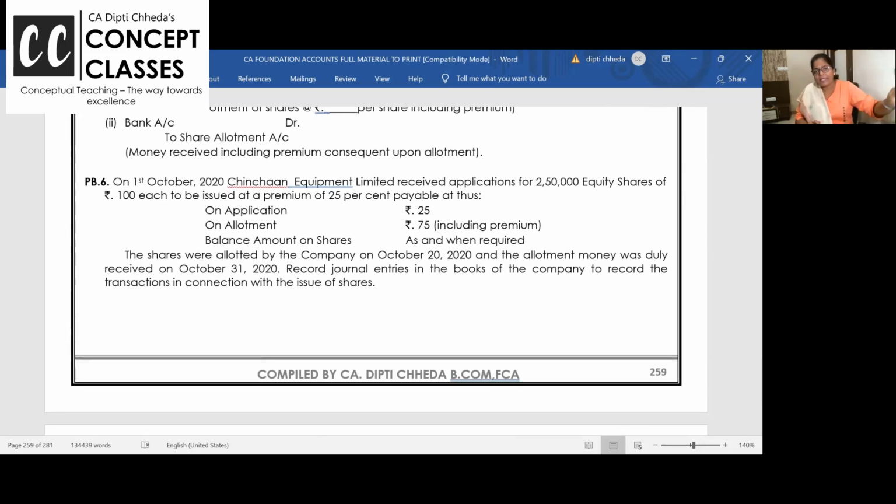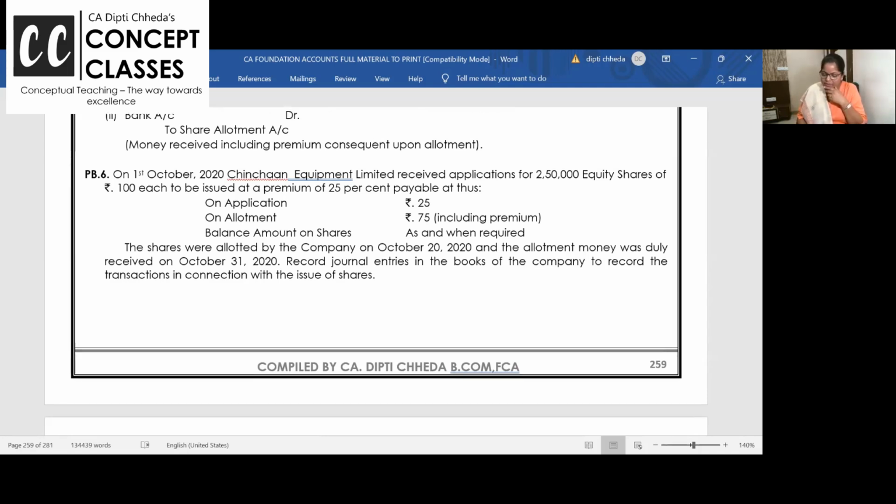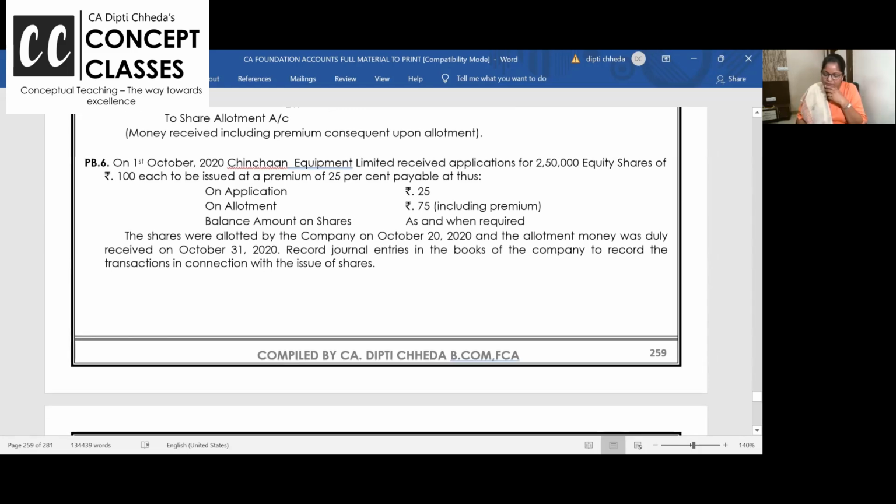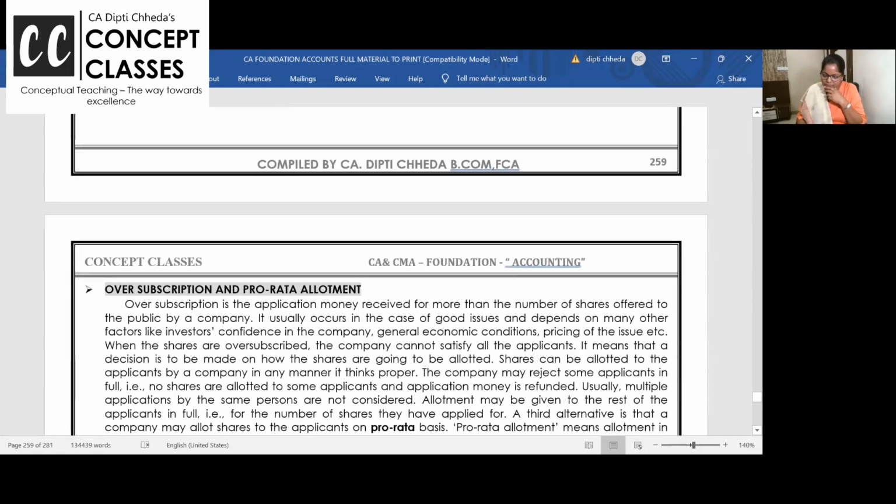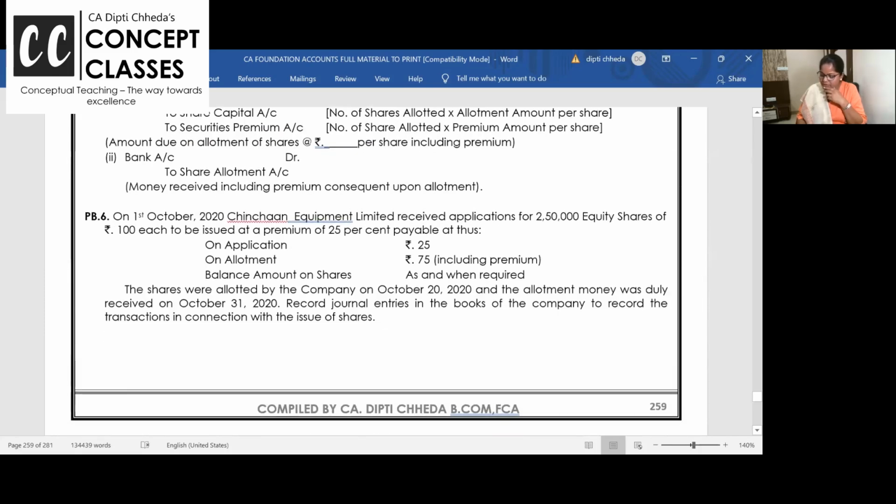I want to repeat: whenever you transfer share application to capital or allotment to capital, that time you write the premium separately, depending on whether it comes with the application or allotment. Right? So this is a nice problem with allotment.